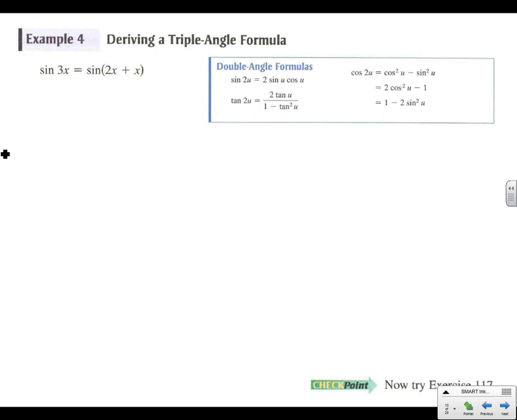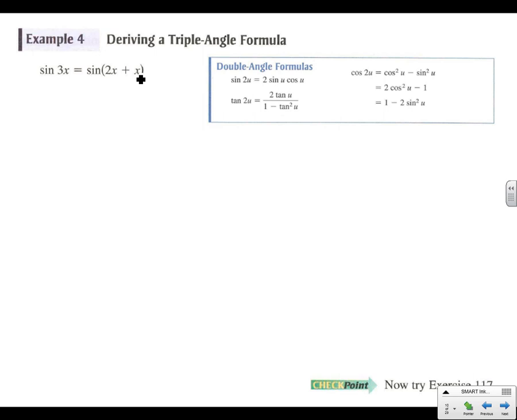So to find a triple angle, we're going to start by using our double angles. And so if we wanted to figure out what is sine of 3x, what we could do is think about that as sine of 2x plus x, right? And so from there, we could start splitting things up.